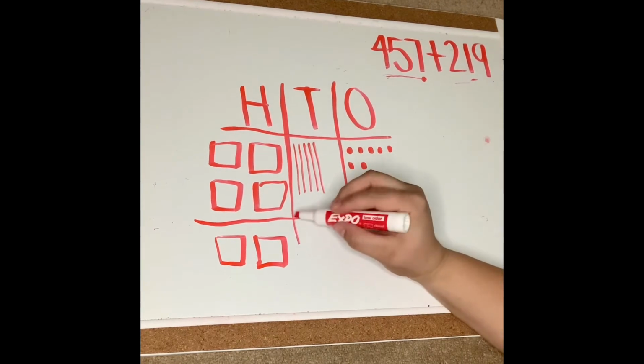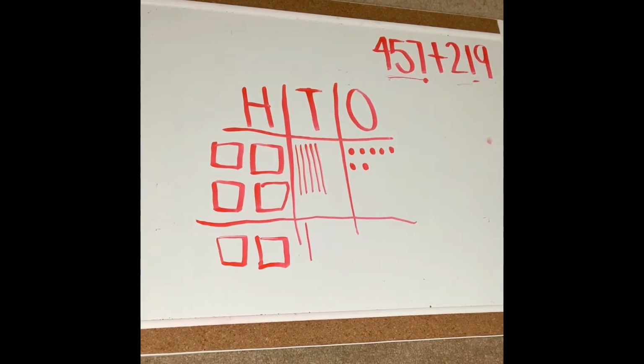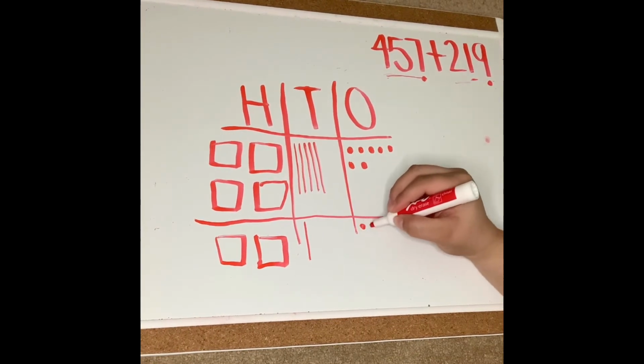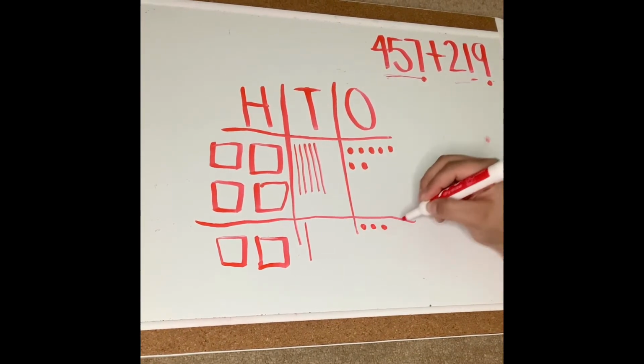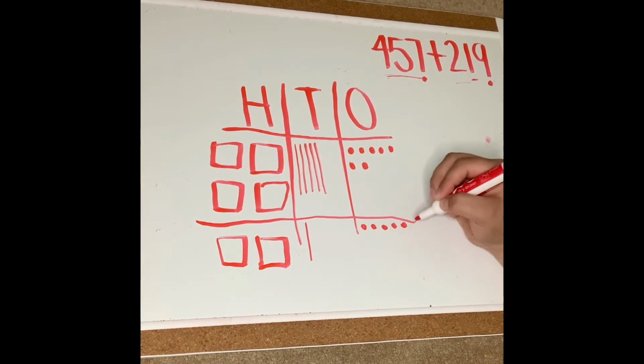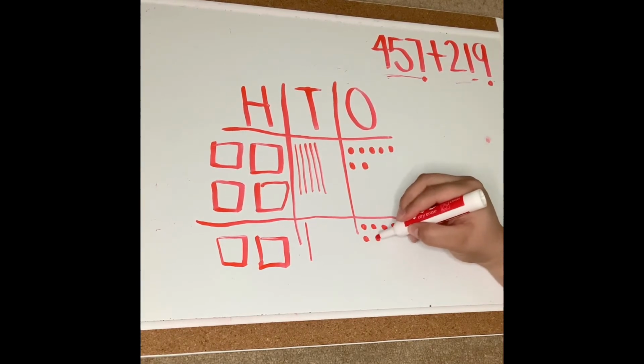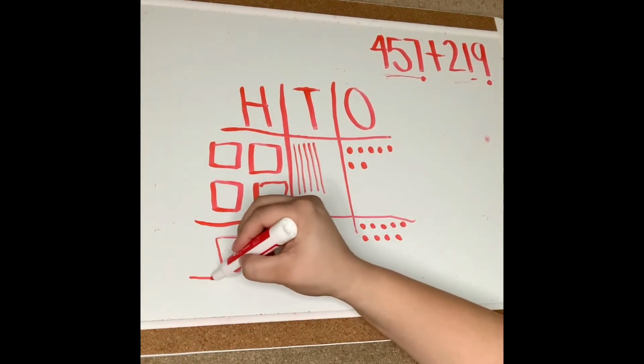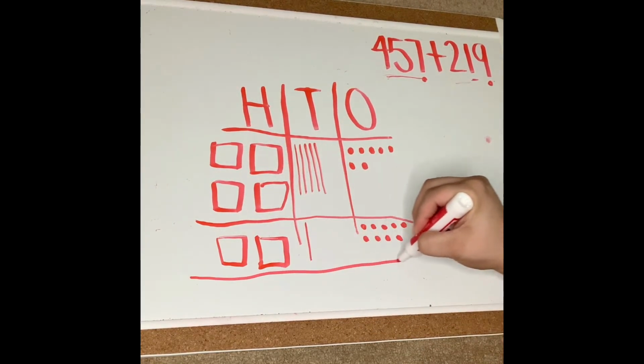Great job. I'm going to draw 1 line. And last, how many ones do we have in the number 219? We have 9, so we're going to draw 9 dots. 1, 2, 3, 4, 5, 6, 7, 8, and 9. I'm going to draw a line underneath.